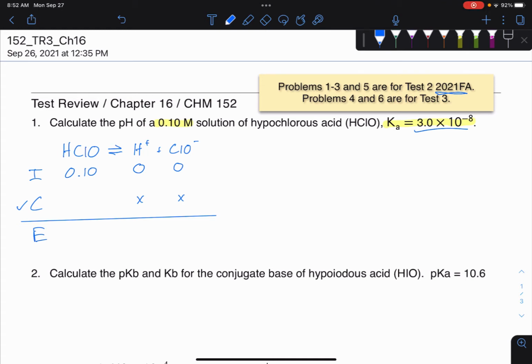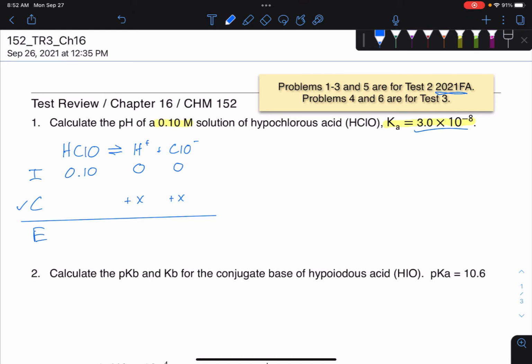I placed X on the product side here because since I'm starting out at 0, I know something has to change there. I know something is going to be added to the final solution, so on the product side this is a positive value of X. It's going to increase here.